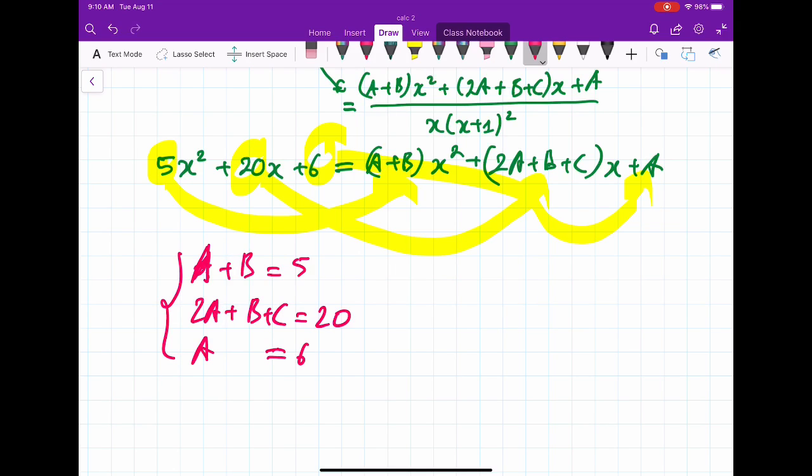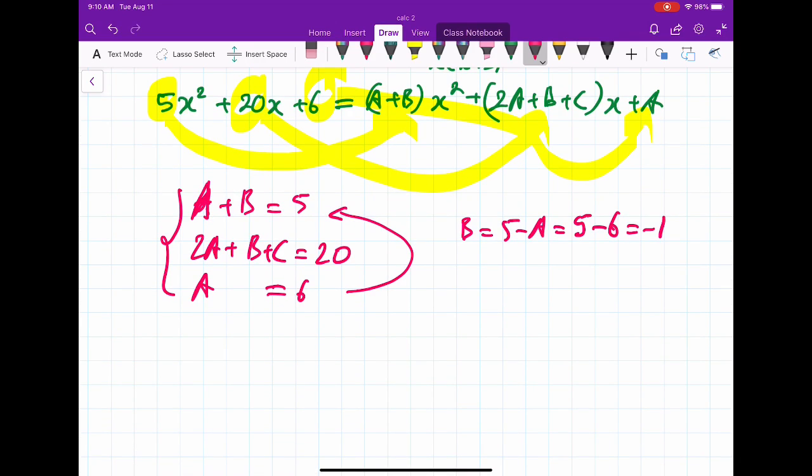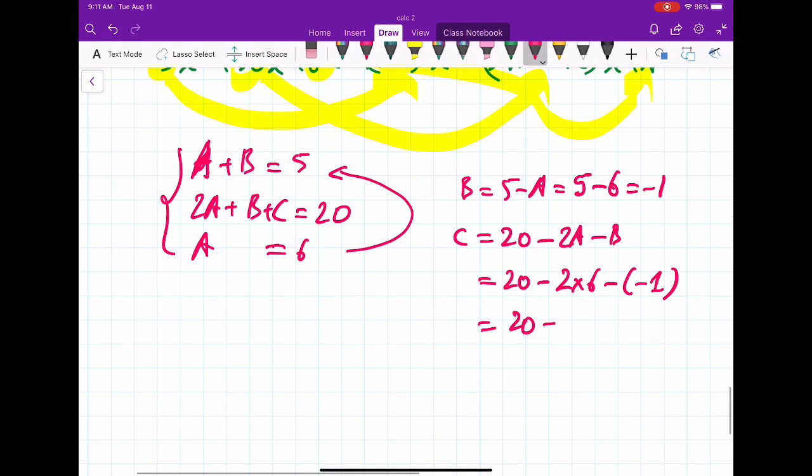So you plug 6 into the first equation, you get b equal to 5 minus a, which is 5 minus 6, which is -1. And from the second equation, you get c equal to 20 minus 2a minus b. That is 20 minus 2 times 6 minus negative 1, and that is 20 minus 12 plus 1, which is 9. So I already have a, b, and c.